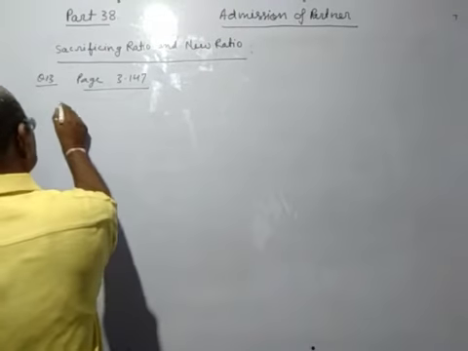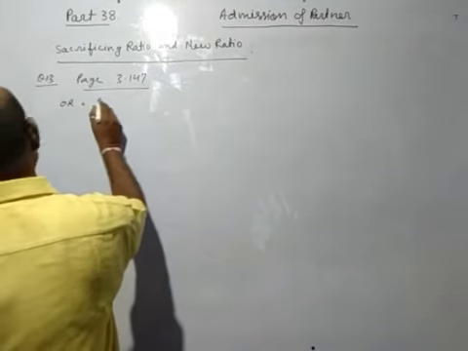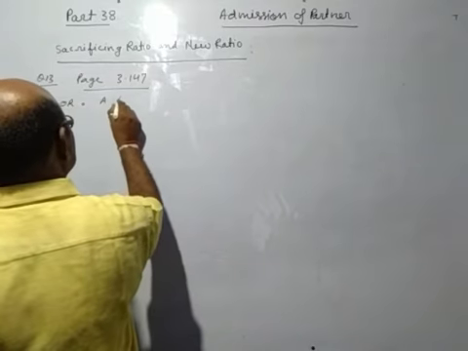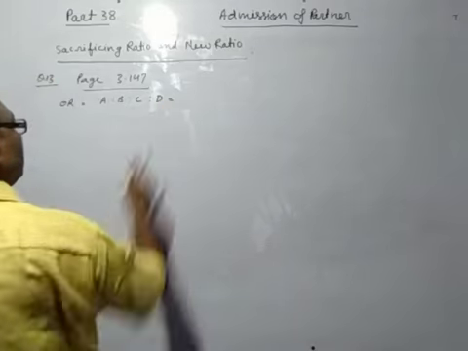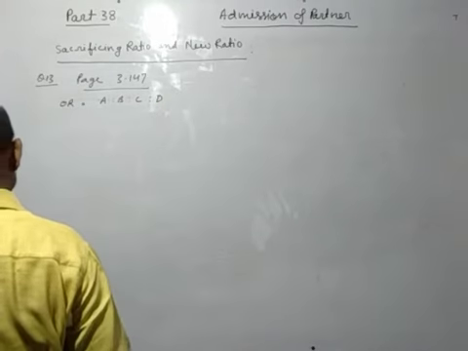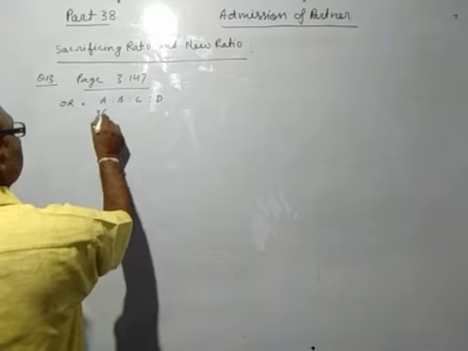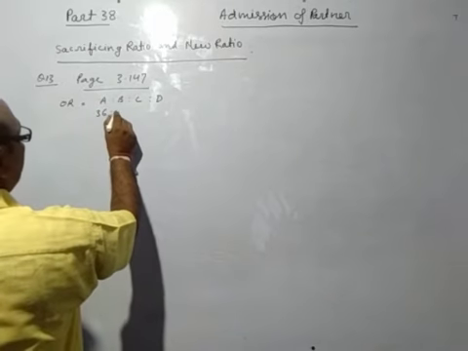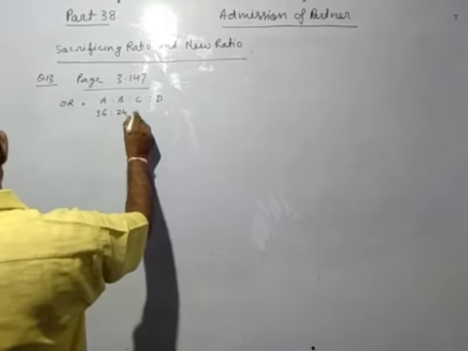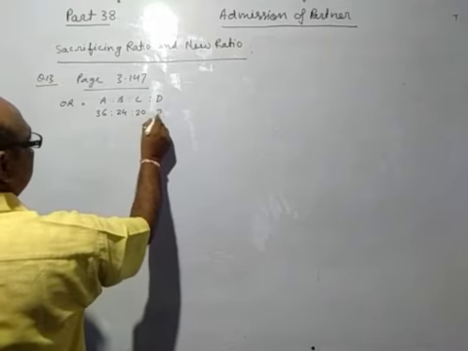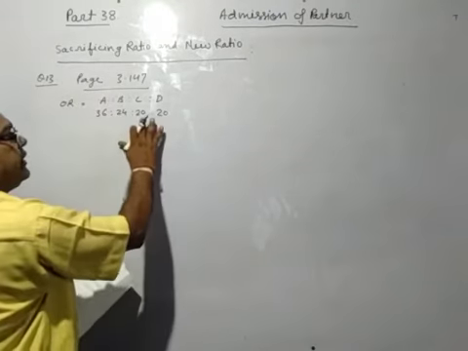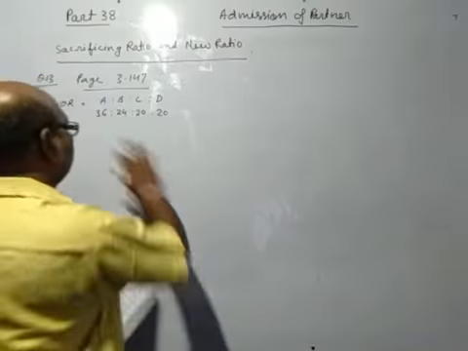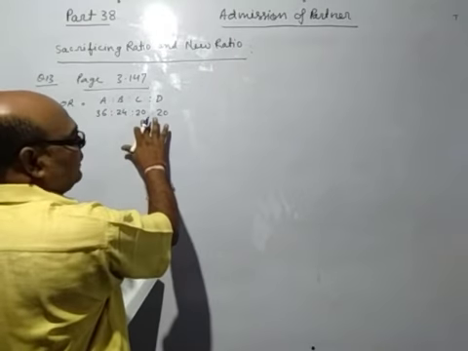So old ratio A is to B is to C is to D is given as 36:24:20:20. 36 plus 24 is 60, plus 20 is 80, plus 20 is 100. So 36/100, 24/100, 20/100, 20/100.